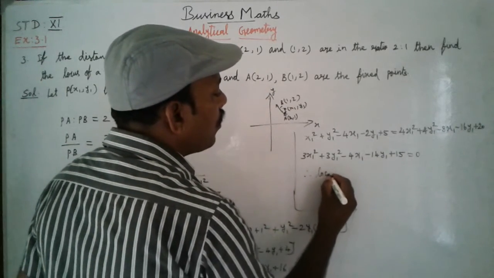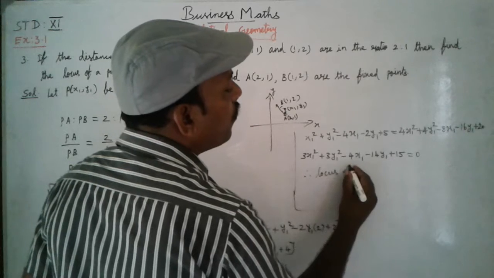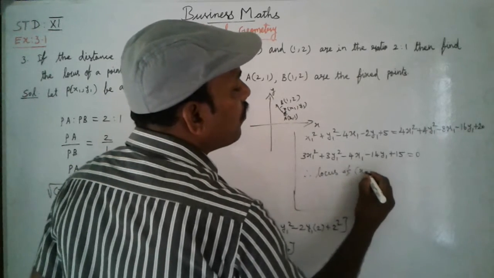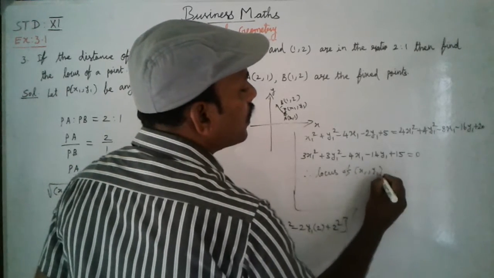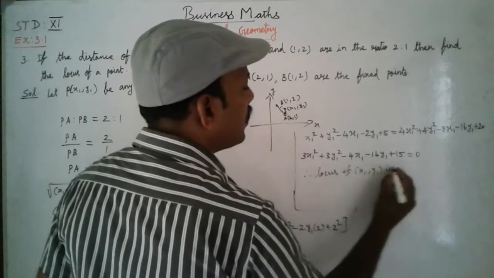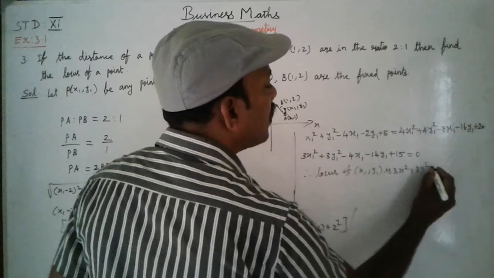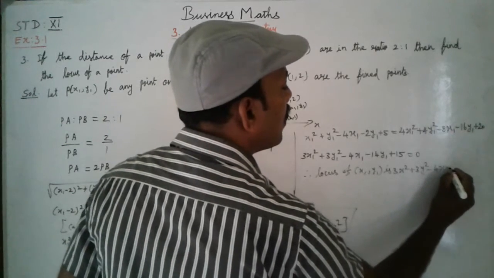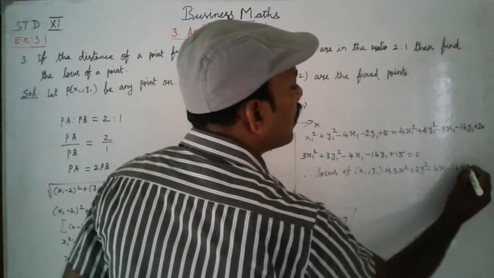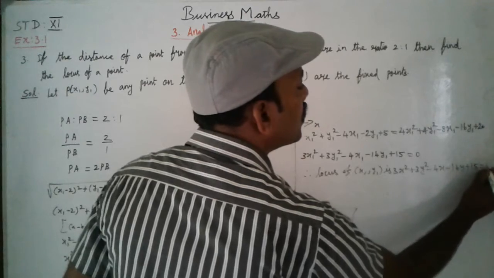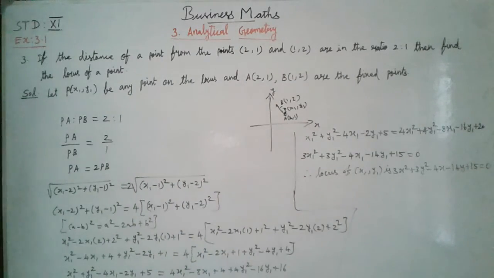Therefore, the locus of (x1, y1) is 3x square plus 3y square minus 4x minus 14y plus 15 equal to 0. That's all.